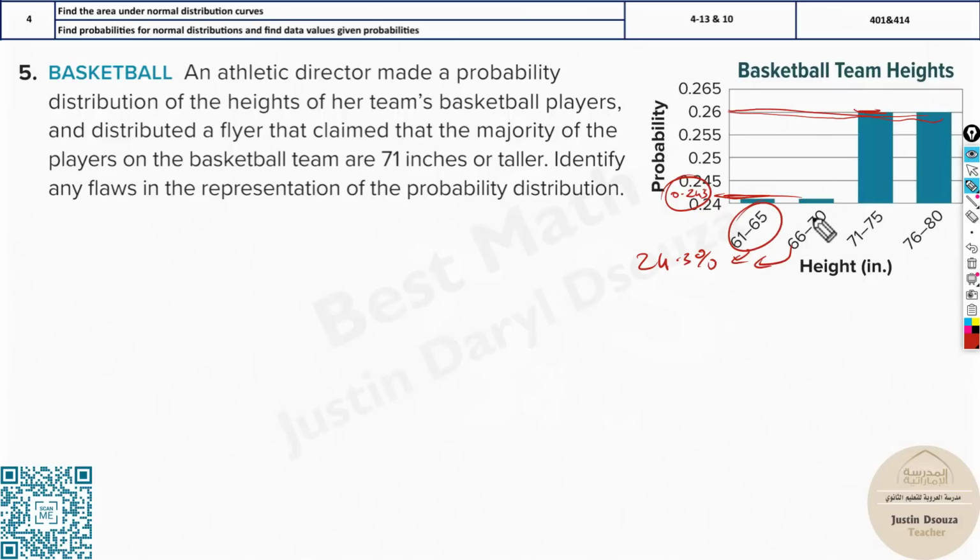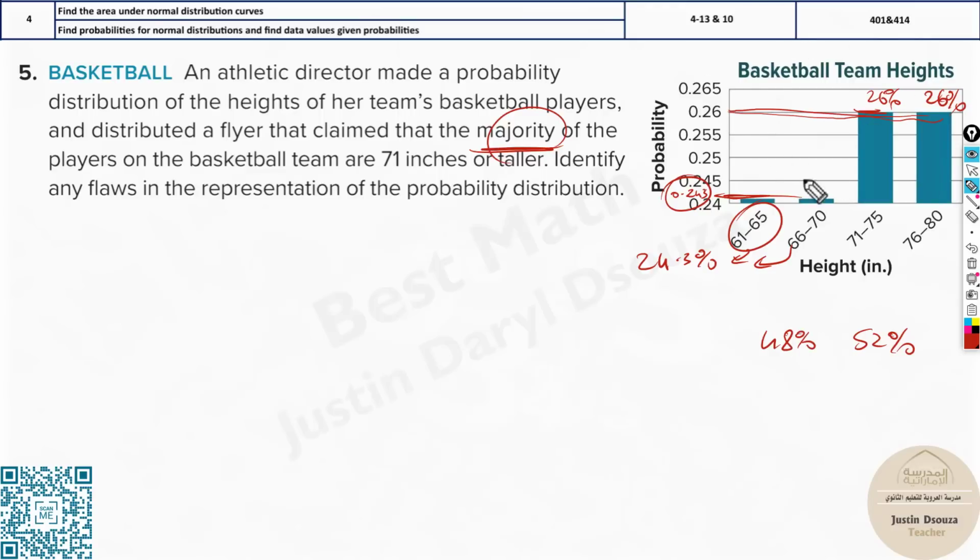About 26% are 71 to 75, and 26% are 76 to 80. So is this true, that a majority are 71 or taller? No, just 52% are 71 inches or more, whereas 48% are not.